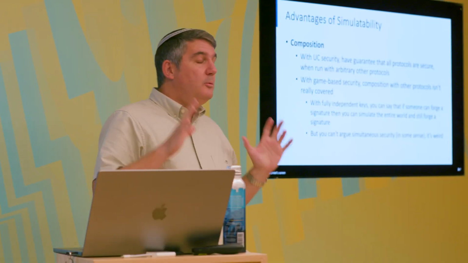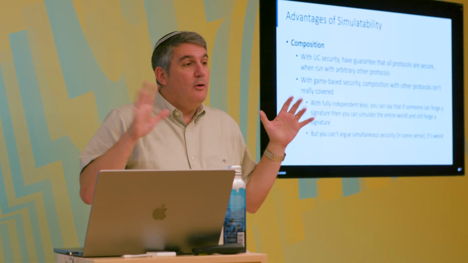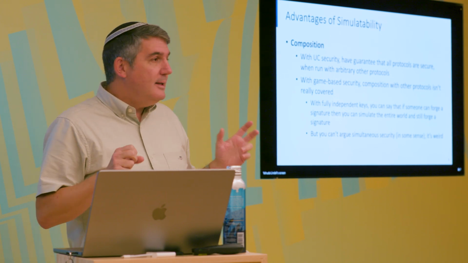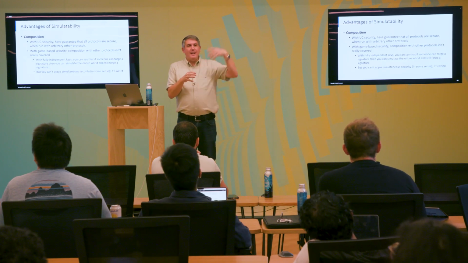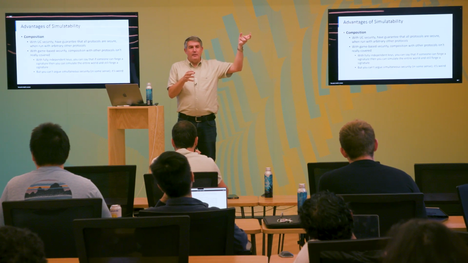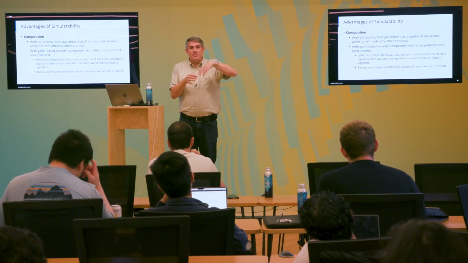So let's think about a world where all keys are fully independent. What that means is that my ECDSA signing key is just a random key and not dependent on anything else in the world. And if I'm running an ECDSA protocol and a Schnorr protocol, then my keys for that are truly random, completely independent keys. In that case, what I would argue is the following. Let's assume that running this ECDSA protocol or other things together with this Schnorr protocol somehow ruins it.